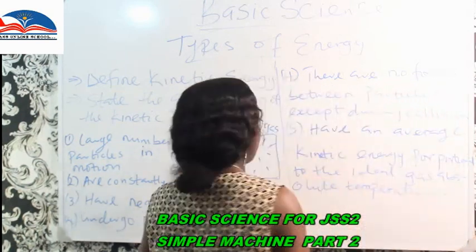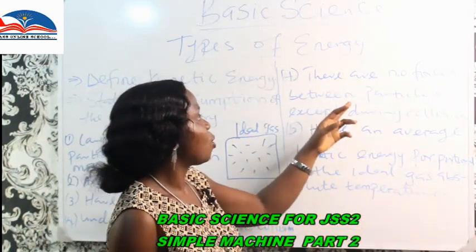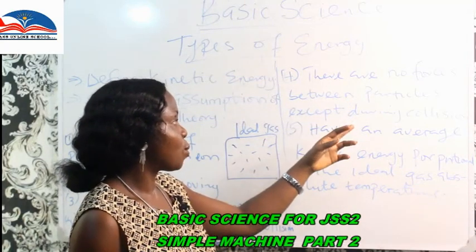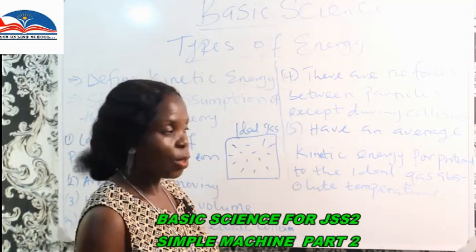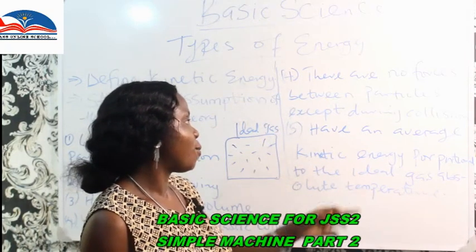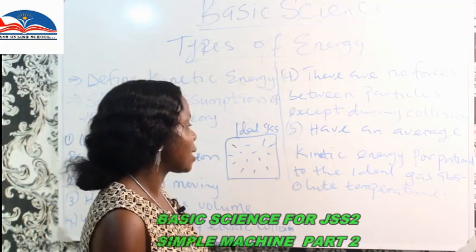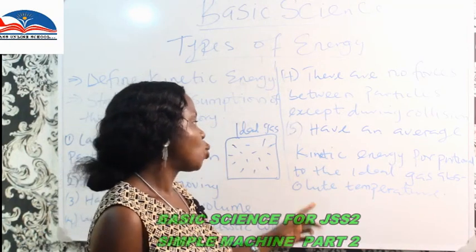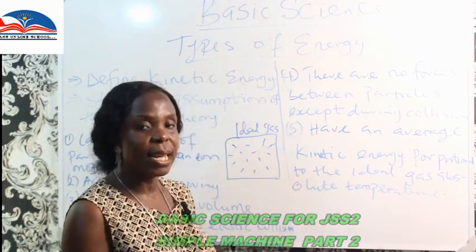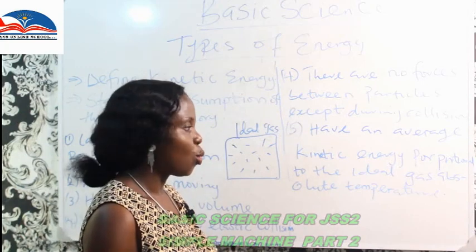Then the next assumption is that there are no forces between particles except during collision. The fifth one, they have an average kinetic energy proportional to the ideal gas absolute temperature.